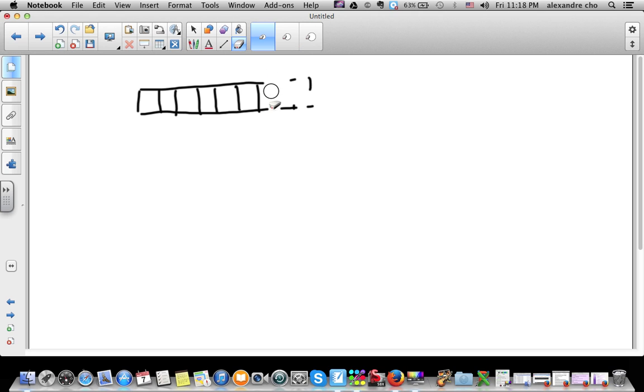So let's erase 3. So here's your pie, and you cut it into 6 slices. 1, 2, 3, 4, 5, 6. So there's 6 slices here. So if you did the same thing with 9 pies, you would have your 9 pies, and each pie is cut into 6 slices.